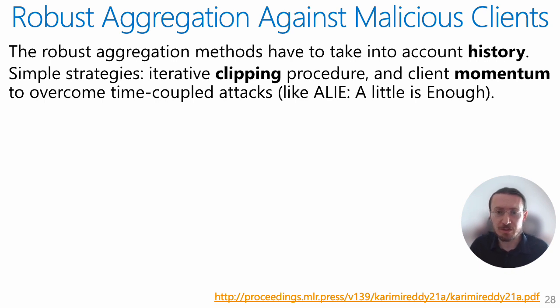To overcome this issue, it was shown that the robust aggregation has to perform clipping and compute weights using momentum. This is one of the ways we can tackle malicious clients that act through the many iterations of the algorithm.